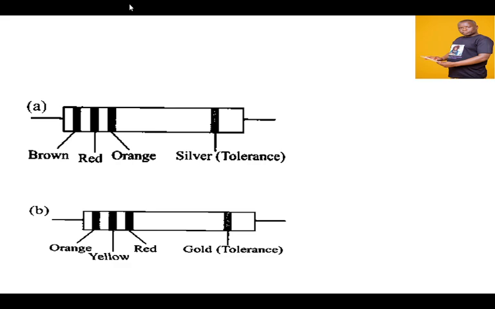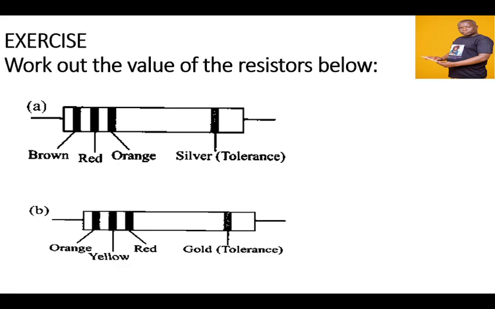All right. Okay, so we come to the end of our lesson today. We were looking at the use of color codes to calculate the resistance of a resistor. So what you are now going to do is to work out the value of the resistance shown here.